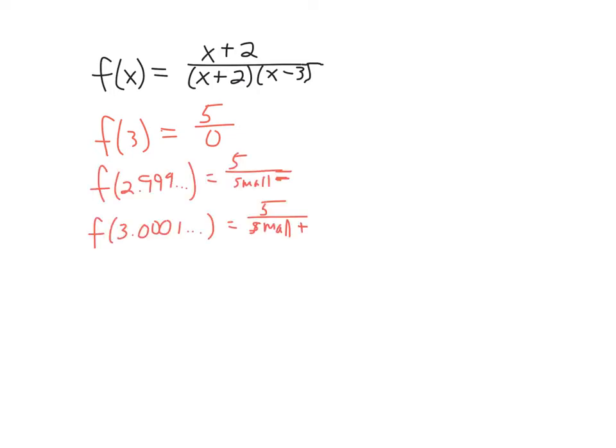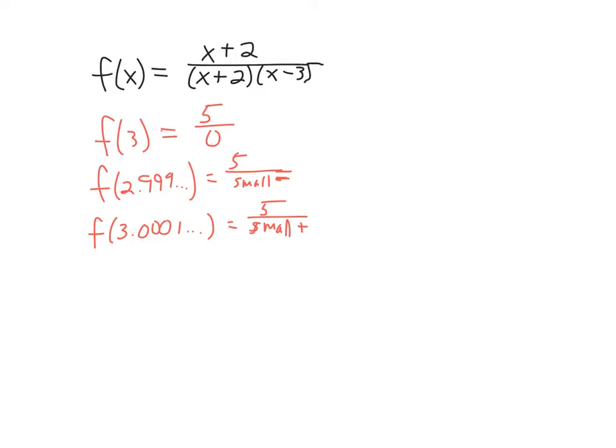When we look at what's happening as we plug in numbers really close to 3 for x, we can see that, like for 2.999, something really close to 3 on the lower end, we get 5 over a small negative number, right? Because 2.999 minus 3 would give us some very tiny negative number in the denominator. And when we plug in something like 3.0001, we would get 5 over a small positive number.